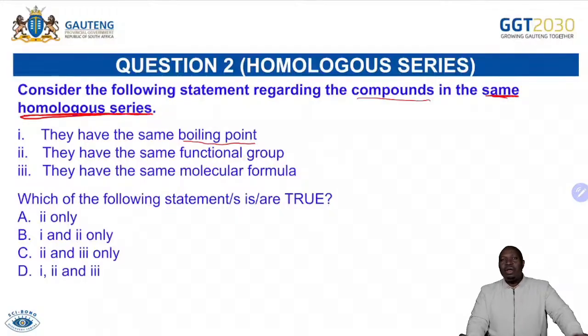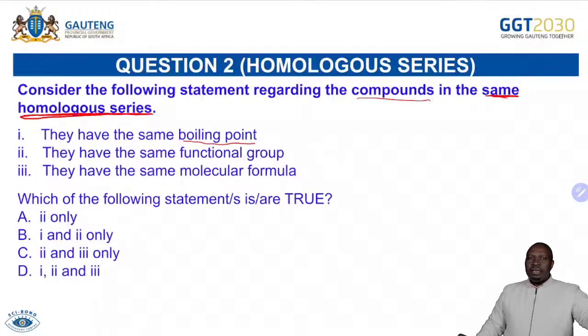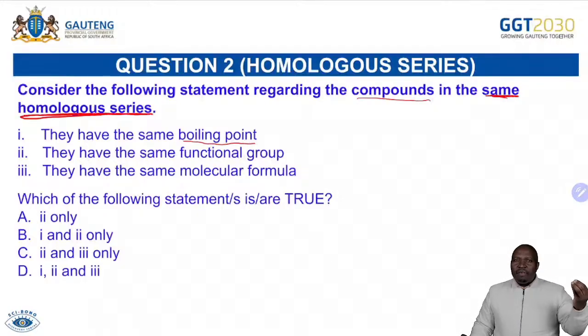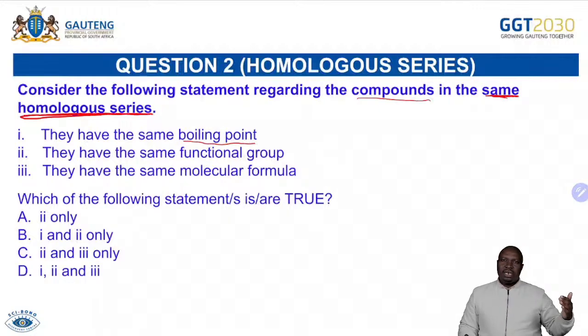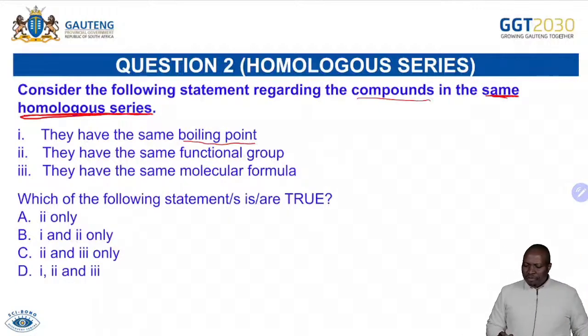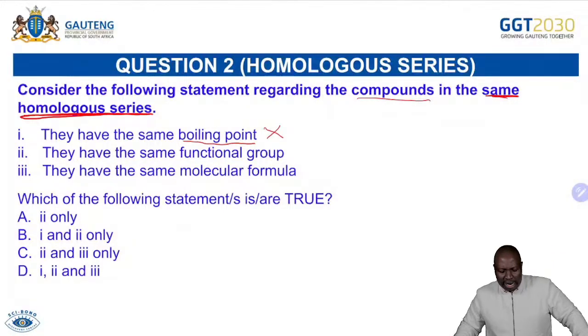Let's take one homologous series like alkanes, for example. You will have methane, ethane, propane, butane, pentane. Will they all have the same boiling point? No. As the chain length increases, the boiling point increases as well. So you will definitely know that the first option is not the correct answer.